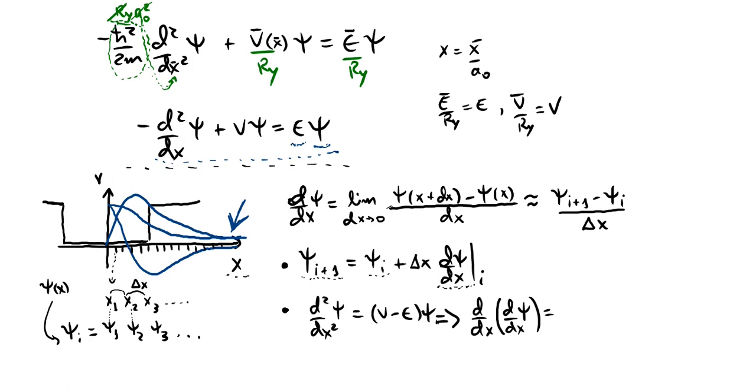I can write it using what we call a finite differences scheme, okay? Using finite differences, I get 1 over delta x times the derivative of psi at the point i plus 1 minus the derivative of psi at the point i. And this is going to be equal to V minus the energy, multiplied by psi at the point i, right?